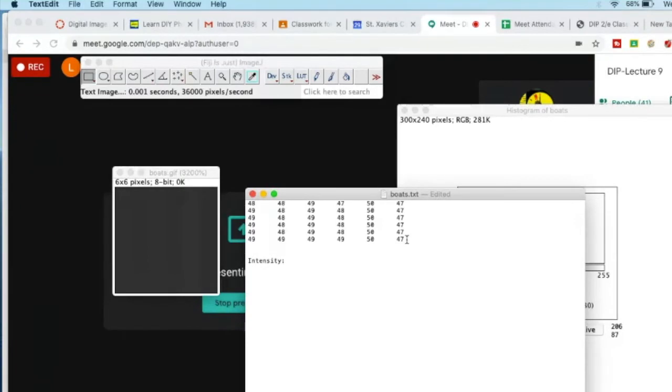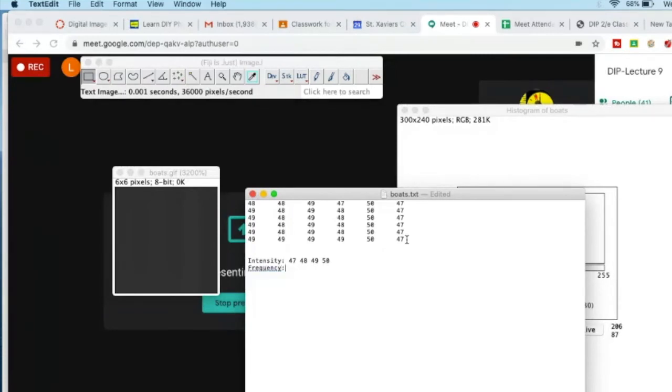It is not at all compulsory that a histogram should have all the intensity values available. Whatever are available, you plot. So here, how many intensities do we have? 47, 48, 49 and 50, and write its frequency.